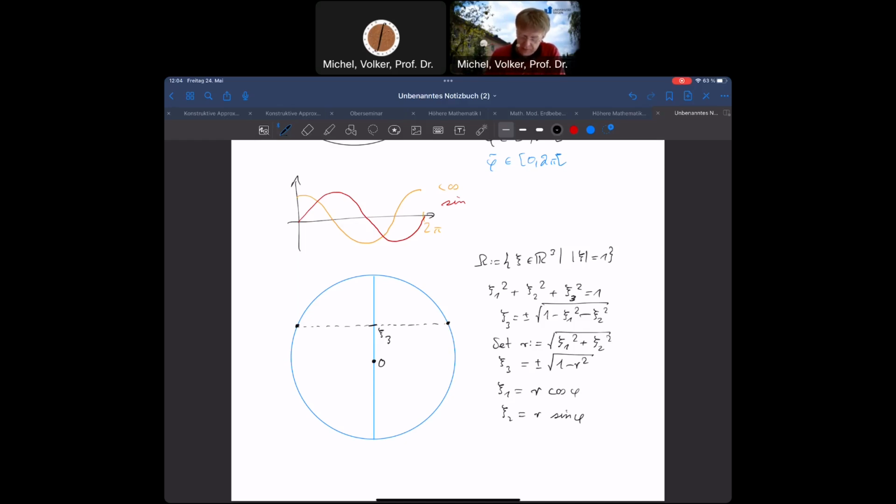If you look at that identity, you can also say xi3 squared is 1 minus r squared, or in other words, r squared would be 1 minus xi3 squared. And that's just a way how you can establish polar coordinates by saying, okay, there's xi3, which I will now call t.